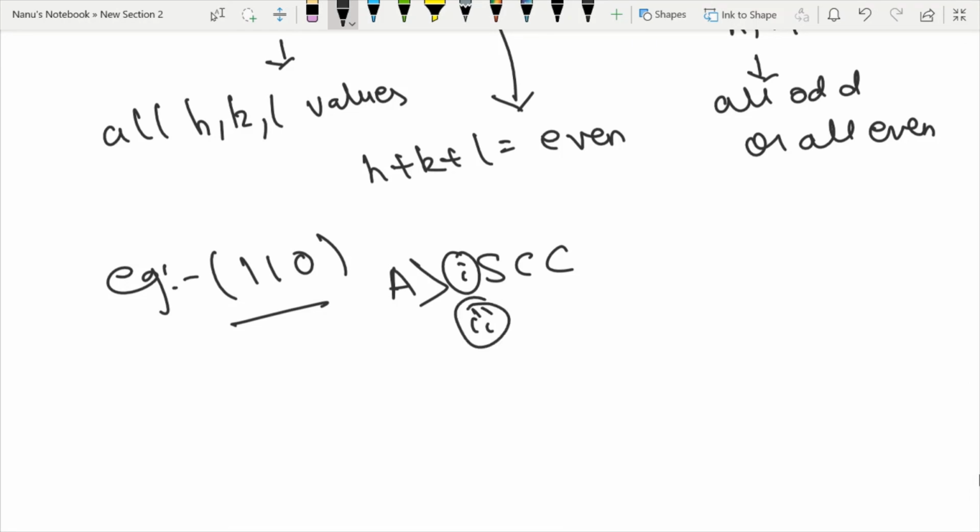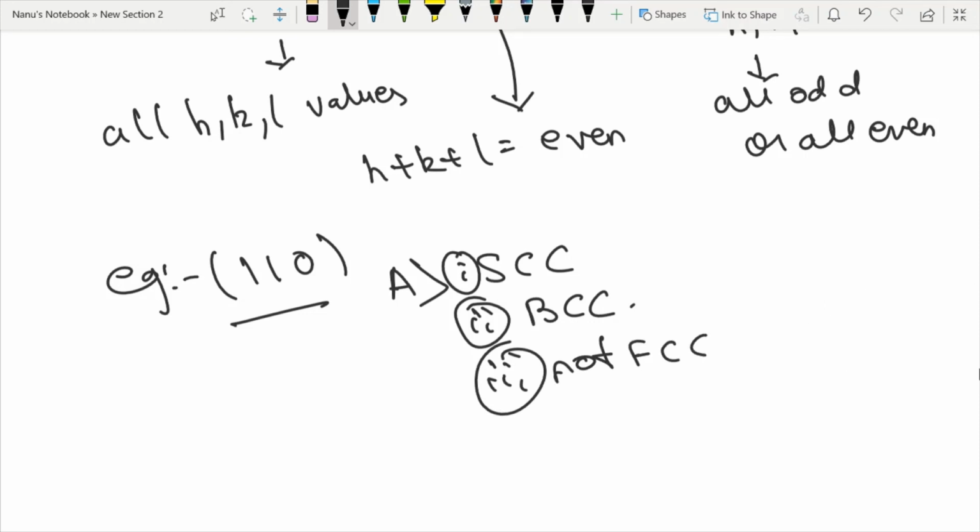Second, for BCC, H plus K plus L has to be even. So 1 plus 1, 2, that is true. So it will be BCC. FCC has to be all even or all odd. So that is not true because there is 0 and 1, right? So it is not all odd or all even. So this is not FCC.